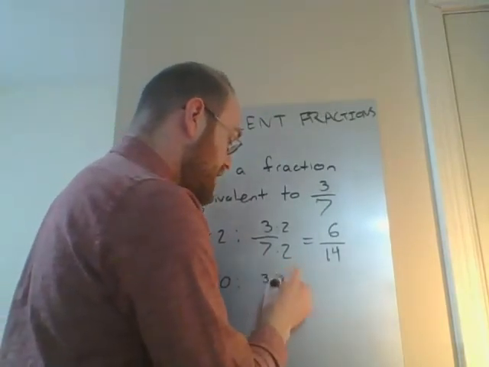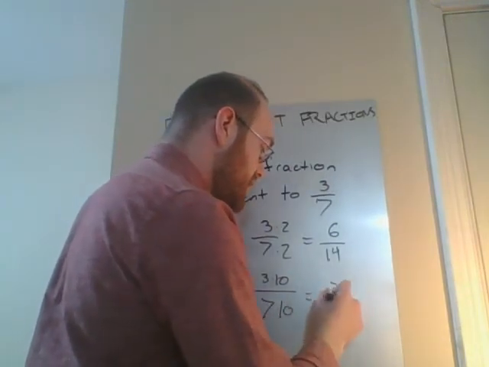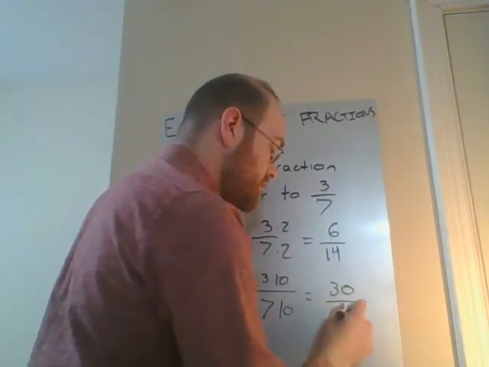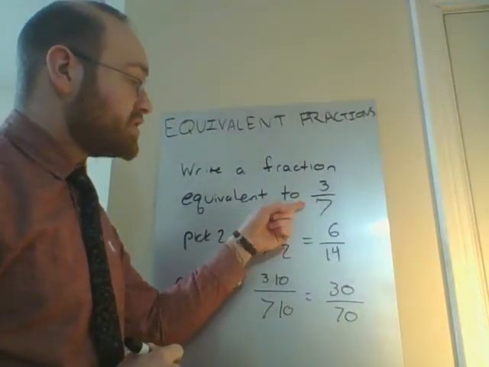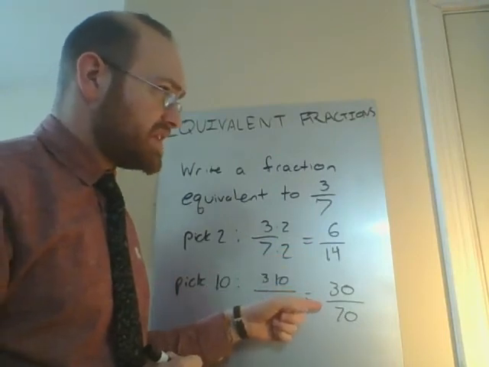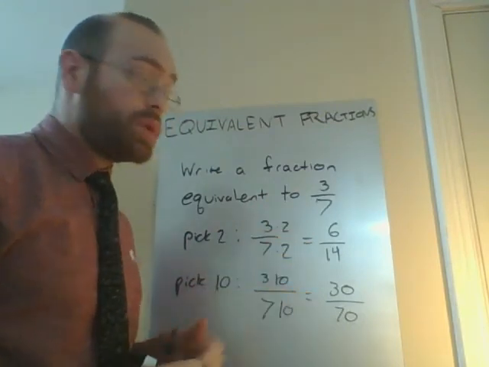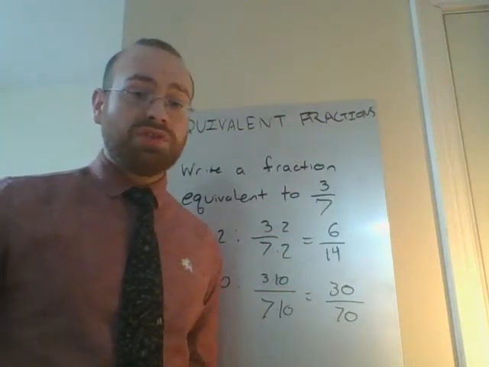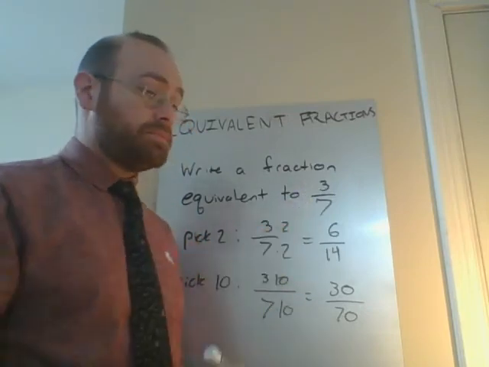Then we have 3 times 10 on the top, 7 times 10 on the bottom, so we end up with 30/70. And so all of these fractions, 3/7, 6/14, 30/70, that's a weird one to say. All of these fractions are equivalent because if we reduce them, we always get back to the beginning, 3/7.